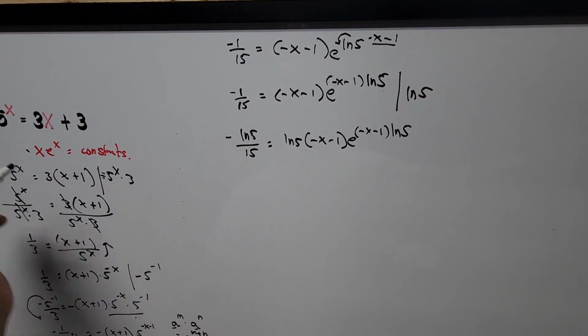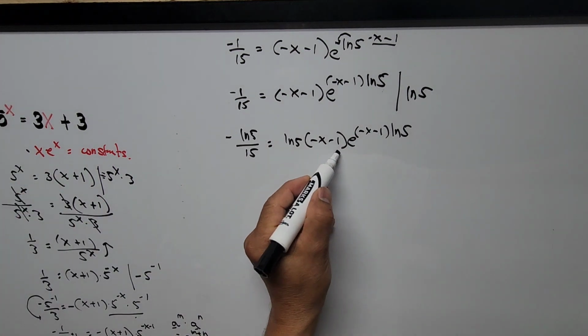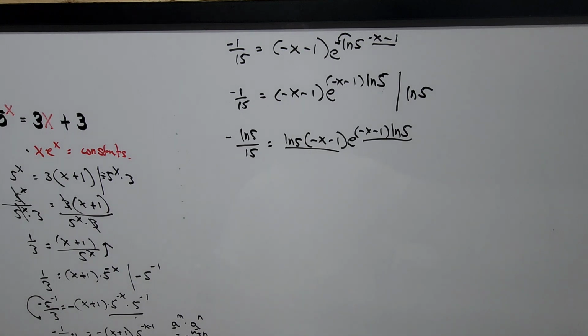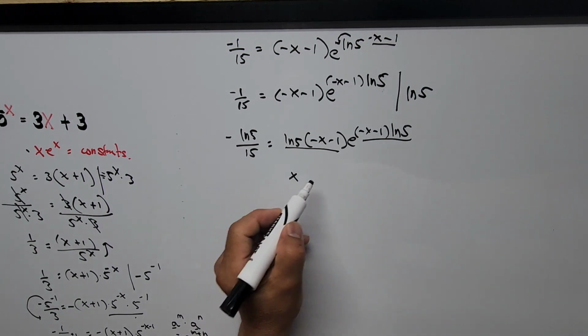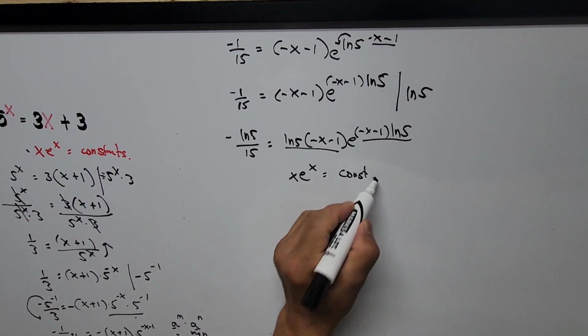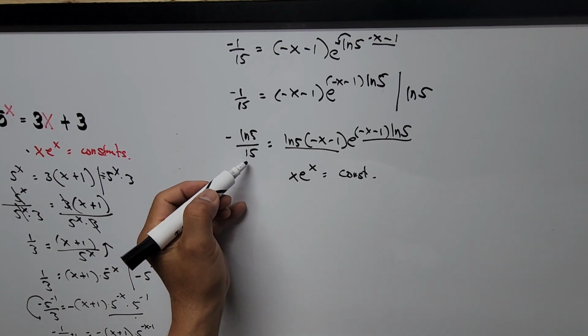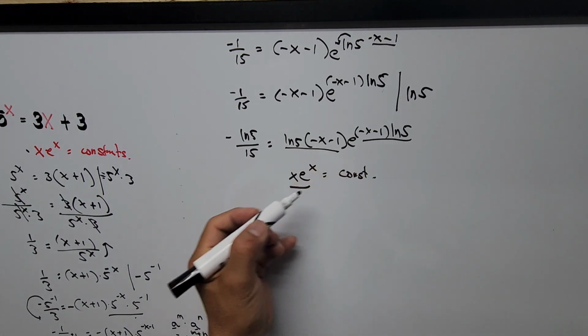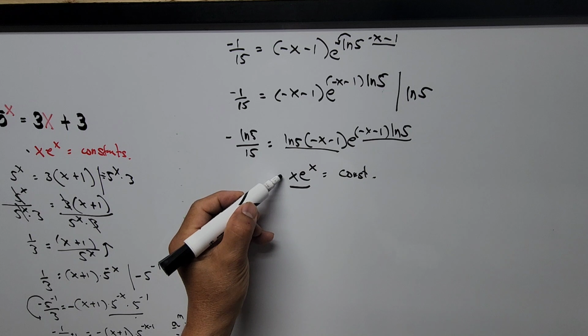So our value of x over here is this whole thing right here. That's the same thing as the exponent, right? So this is in the form of x times e to the power of x with some constant, right? So the constant here is negative ln of 5 over 15. And here, the right hand side is in the form of our target format.